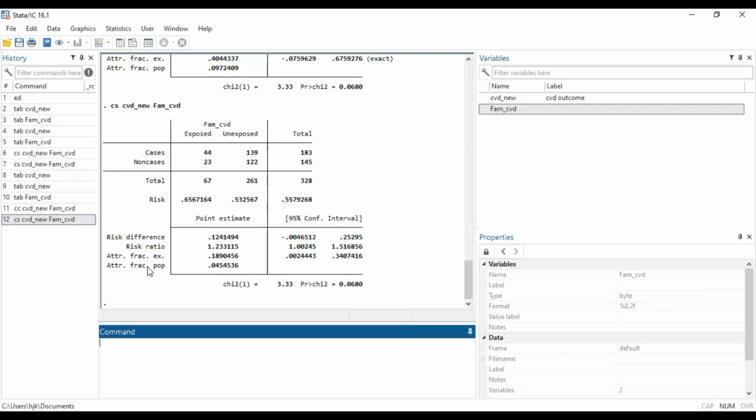And the attributable fraction population is that this amount of risk would be avoided among the population of the cases if they were unexposed. This is an attempted explanation and you will find it useful.